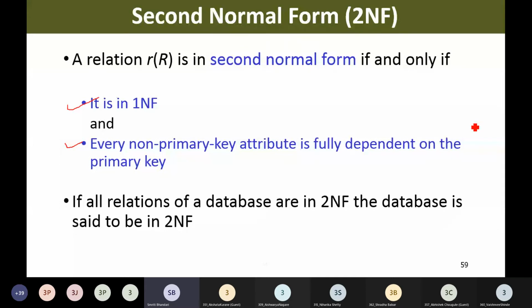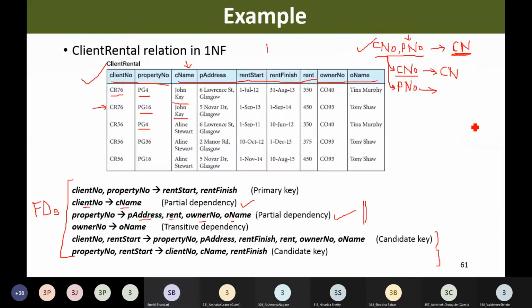So what does the definition say? The relation must be in 1NF and every non-primary key attribute is fully dependent on the primary key.